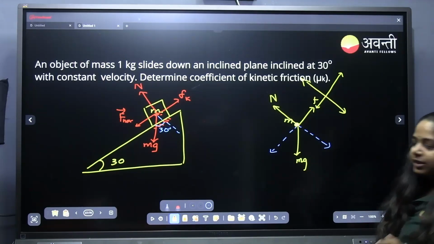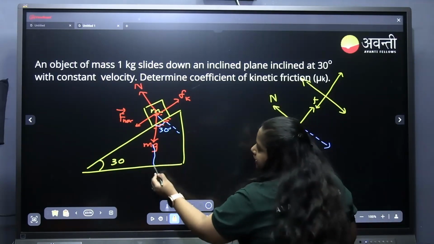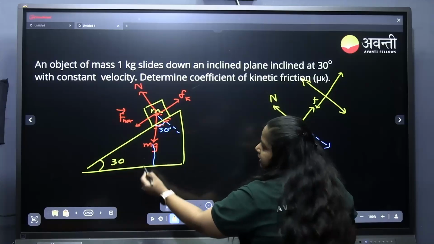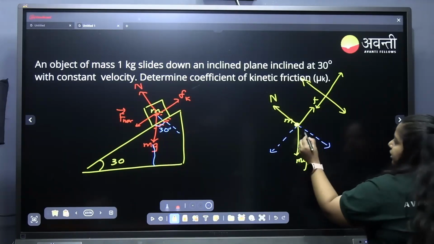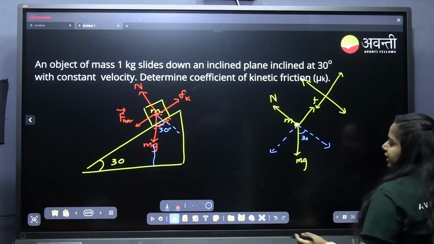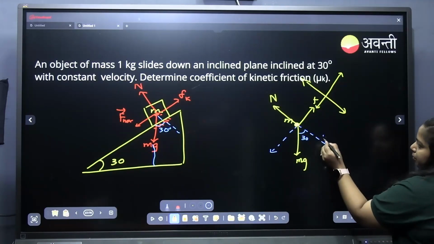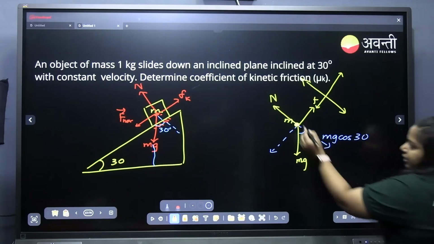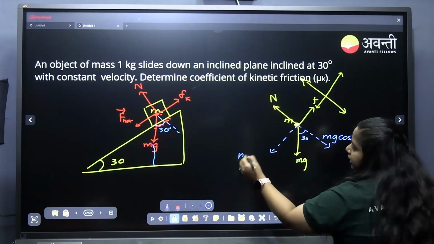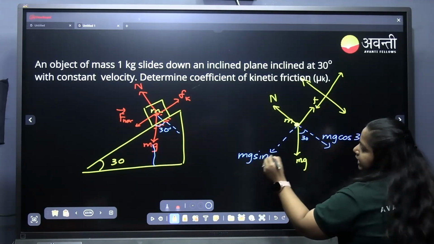Do you have any doubts there? If you drop this, it will be 60 degree, this is 90 degree, so this angle is 30 degree. Then we can say that this component is equal to mg cos 30, and this component is equal to mg sin 30.